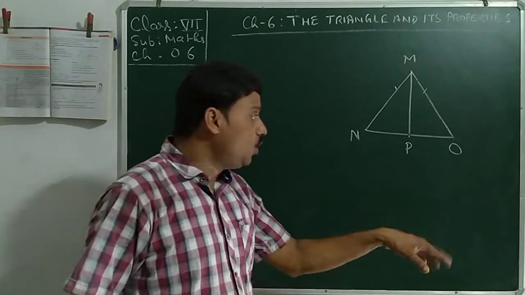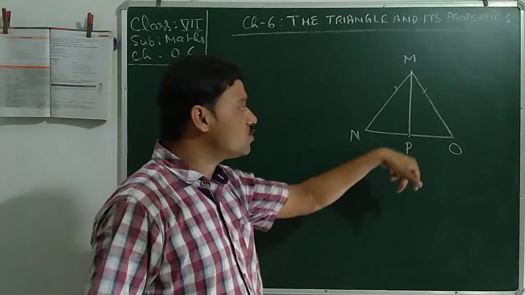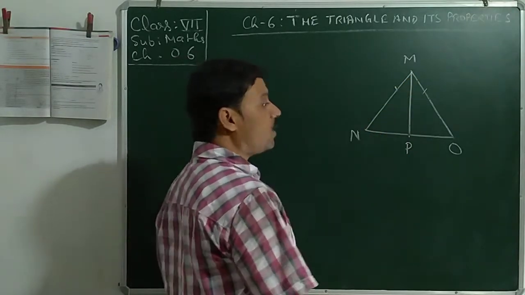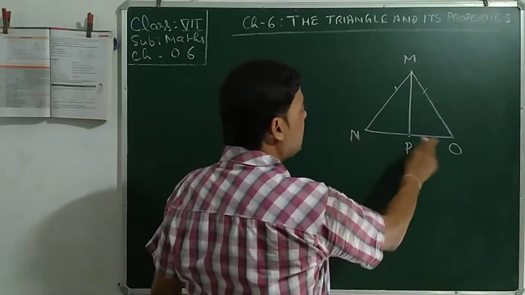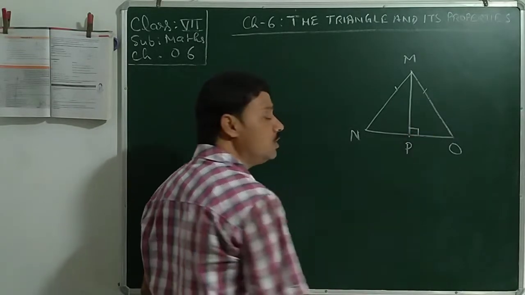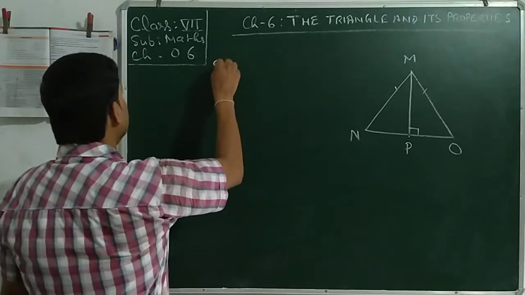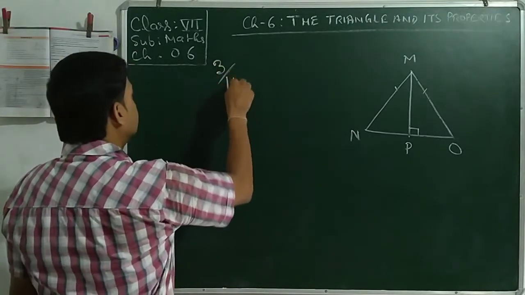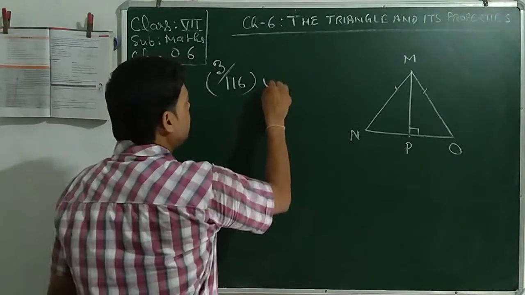Of course, we know the line joining the vertex to the midpoint of the opposite side in an isosceles triangle will divide the line segment into two equal parts and form the right angle also. So in this case, we can see the altitude is the median, or the median is the altitude. So we will write yes.